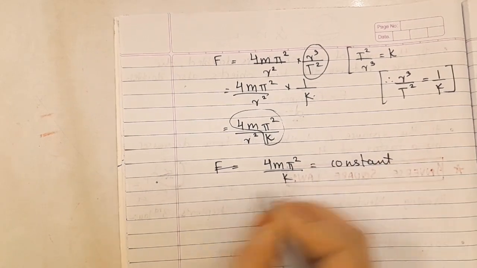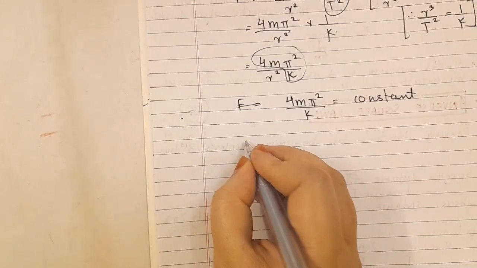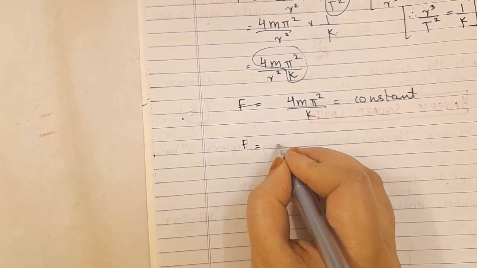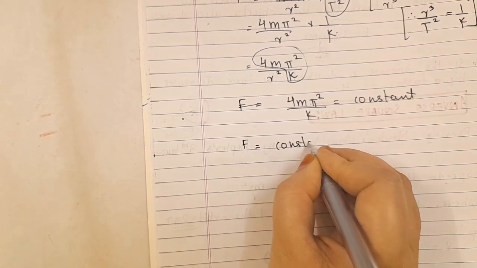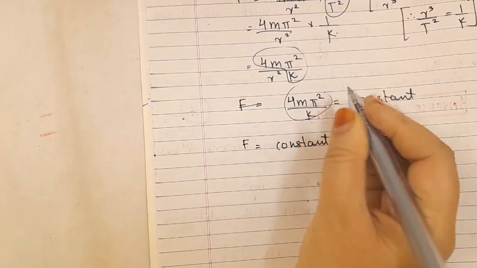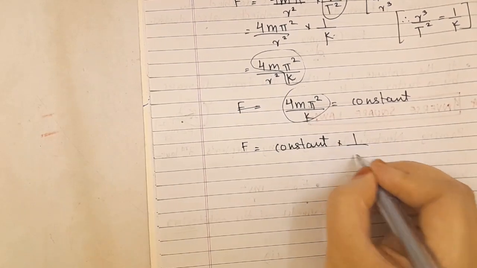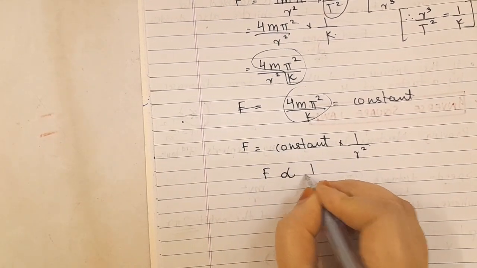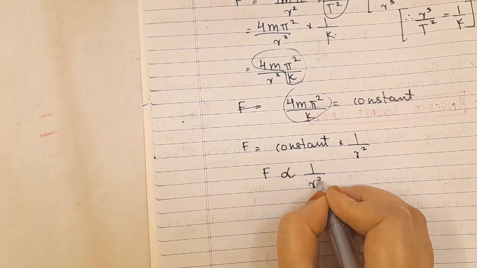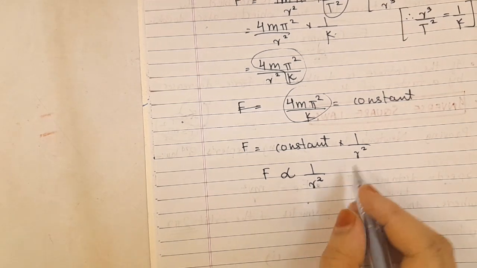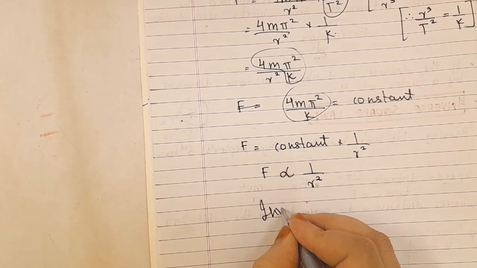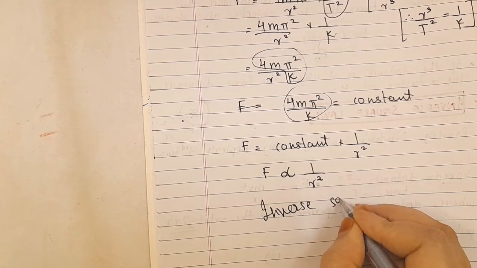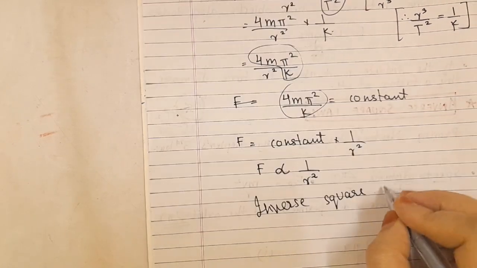So we can write F is equal to a constant, this whole value is constant, and here we have 1 upon r square. So we can write F is inversely proportional to the square of the distance. Student, this is nothing but Newton's inverse square law.